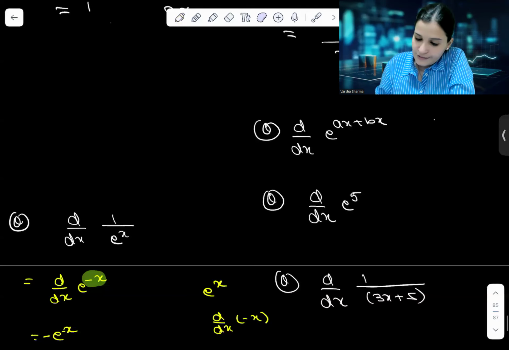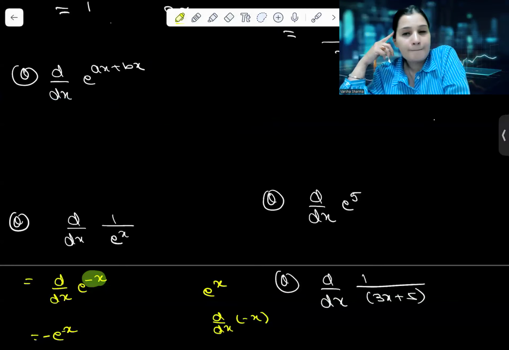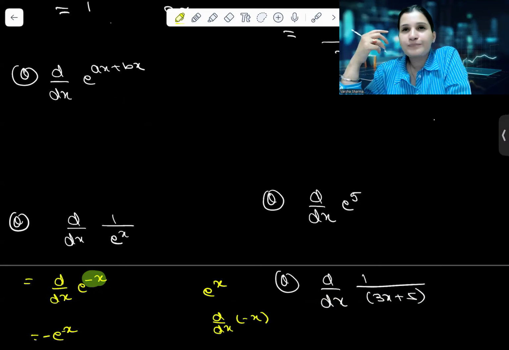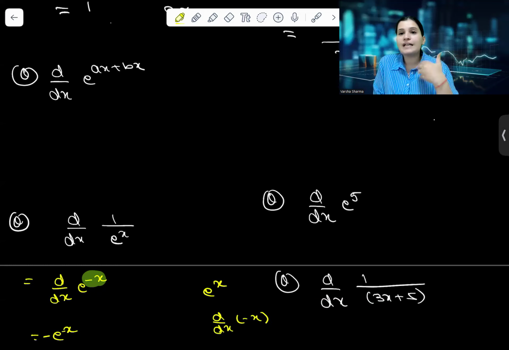Ma'am, a doubt. Can we not use the quotient rule for that question, 1 by e to the power x? Technically it is not necessary, because in the numerator I don't have x. It's constant. We apply the quotient rule when there are two variables being divided. But even if you did it, it's not wrong. You will still get the same answer.